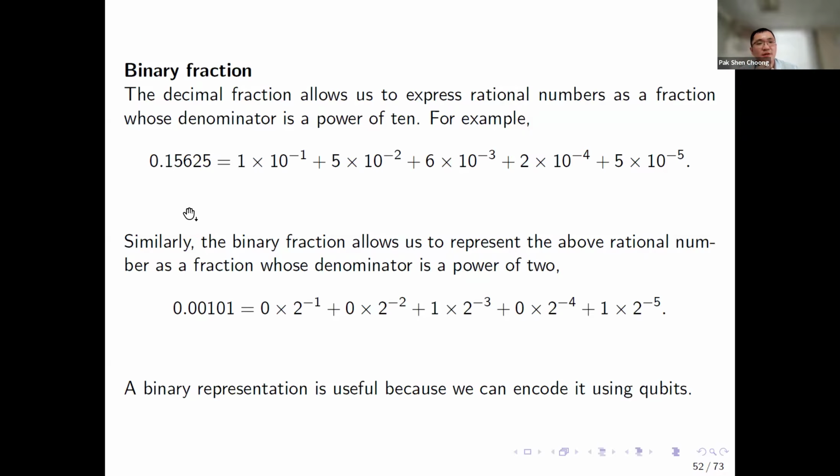So 1 mod 15 is 1. 2 mod 15 is 2. 4 mod 15 is 4. 8 mod 15 is 8. 16 mod 15 is 1. 32 is 2. 64 is 4. Do you notice a pattern?